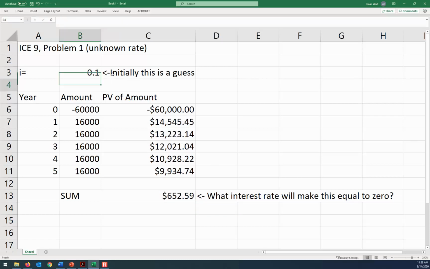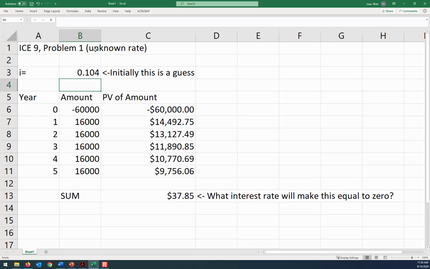Because 0.1 is too small. 0.12 is too big. What about 0.11? We're headed in the right direction. What about 0.101? 0.102, we're getting closer. 0.103, we're still getting closer. 0.104. This is getting a little repetitive, right?